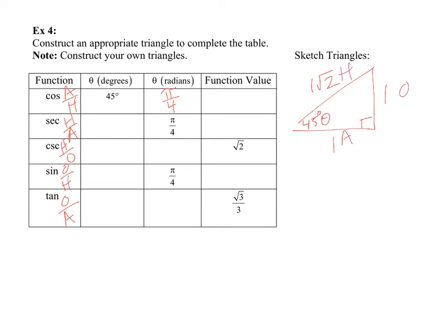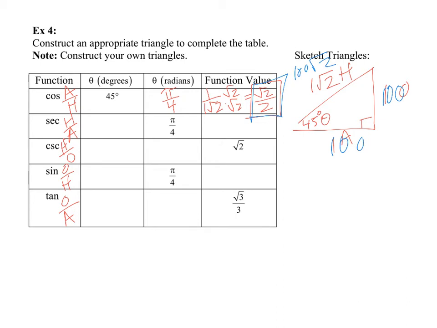There's hypotenuse, that's opposite, so it's 1 over 1 square root of 2. Multiply top and bottom by square root of 2. I get square root of 2 over 2. Alrighty. So I could have just as well chose 100 here, and 100 here, and I would have 100 square root of 2. It would still simplify to the same function value.